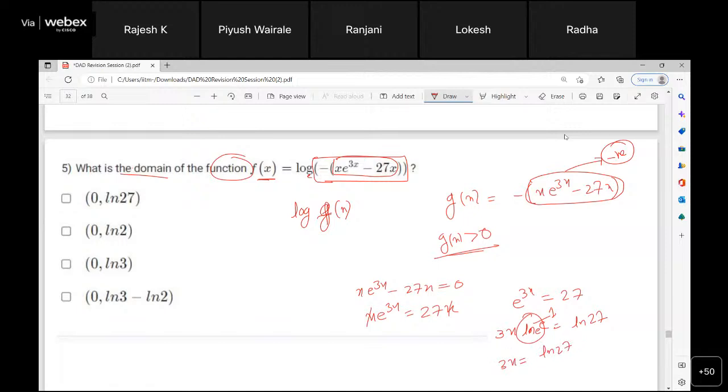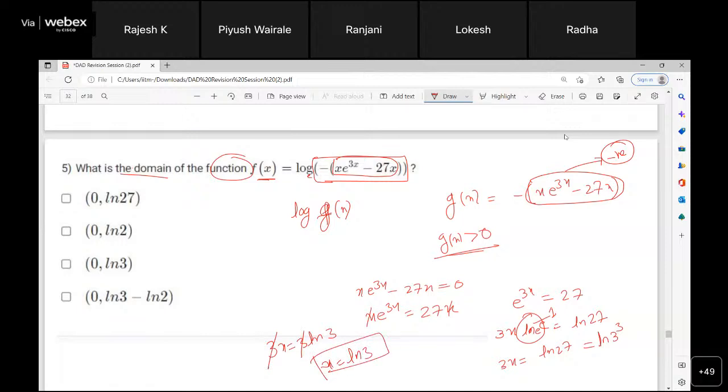Now, can I write 27 in the form of 3? Yes, 3 cube. So by that property, I can bring this 3 to this side. So 3x equals 3 ln of 3, so this 3 will get cancelled. So x equals ln of 3.